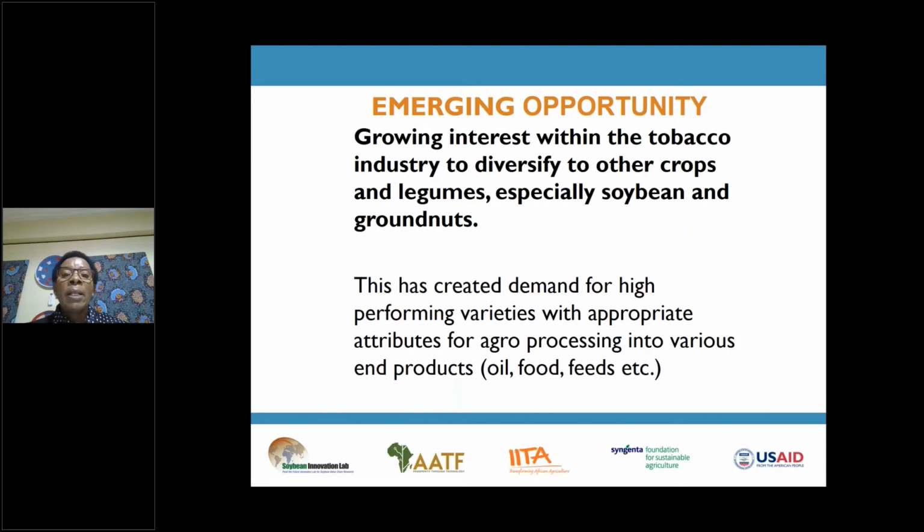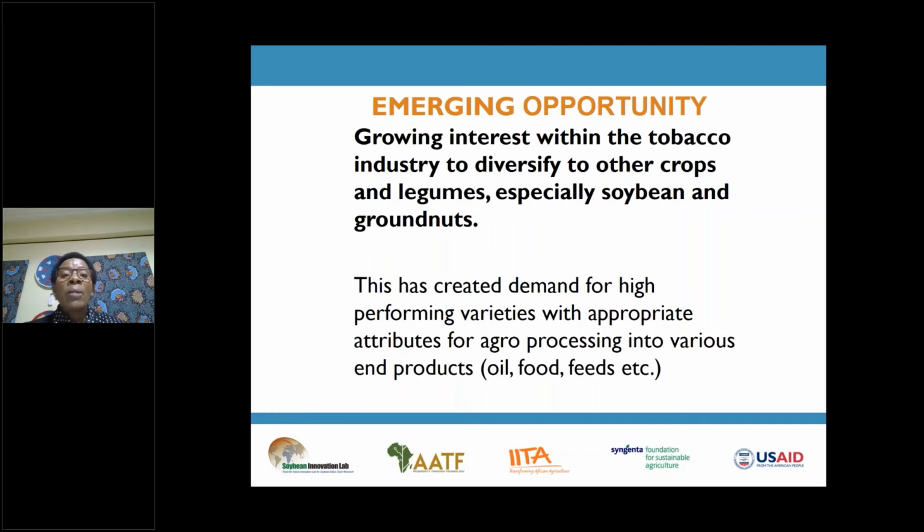And apparently, as we are doing this, there's also a growing interest coming from the tobacco industry. As you know, tobacco prices have been going down in the past years because of the low demand for tobacco on the world market.